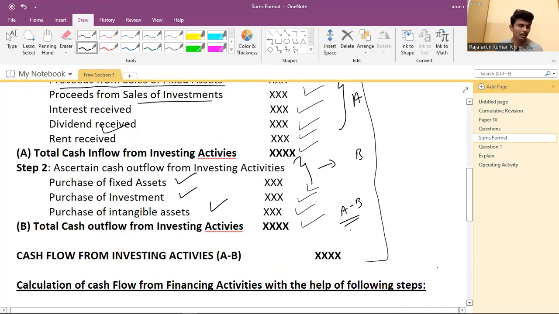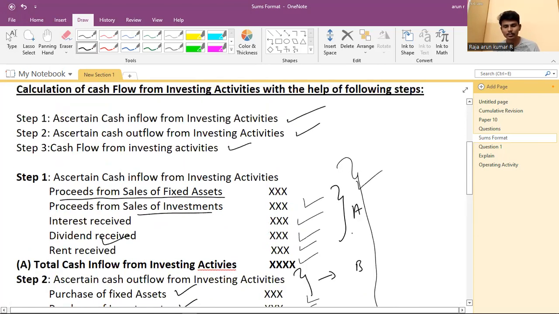Okay, this is the format for investing activity. You just copy it down, note it down. There are 3 steps: cash inflow from investing activity, cash outflow from investing activity, and third step, cash flow from investing activity, A minus B. Step 1 minus step 2 equals step 3.